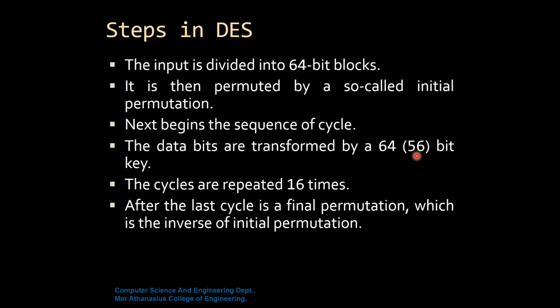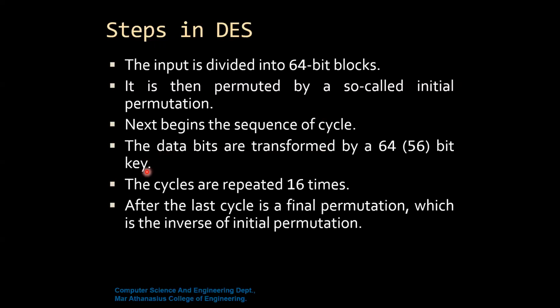Even though you give a 64-bit key to the system, as soon as it receives it, it deletes every 8th bit and makes it a 56-bit key. So in many texts, DES is described as using a 56-bit key, though actually the key is 64 bits. We can say either a 64-bit key or a 56-bit key, no problem. In each round, the data is transformed by a 56-bit key.